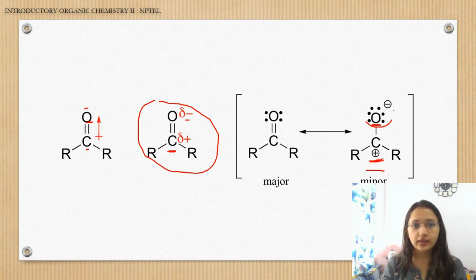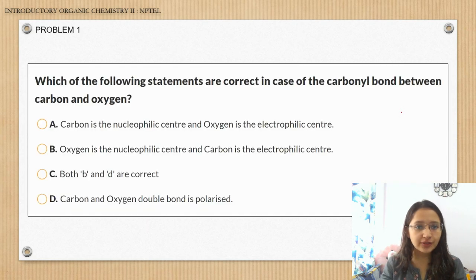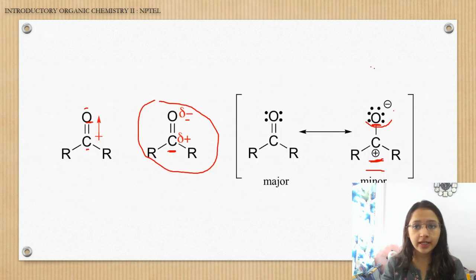Okay, so now coming back to the question. They are saying that carbon is the nucleophilic center and oxygen is the electrophilic center. Is it right? No, because here we can see that the carbon is an electrophilic center and oxygen is a nucleophilic center.